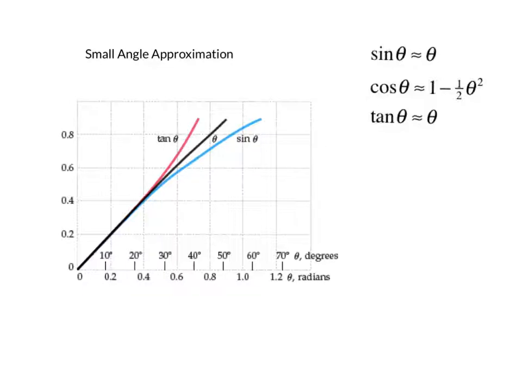I'm just going to start by referring to the formulae. There's the three formulae we're using. These only work when theta is small and in radians. You can see we've got degrees there just for reference really.